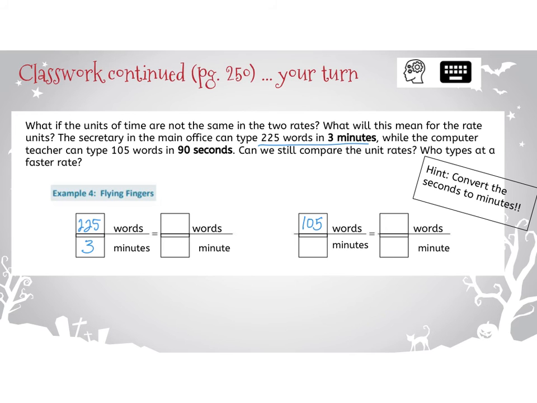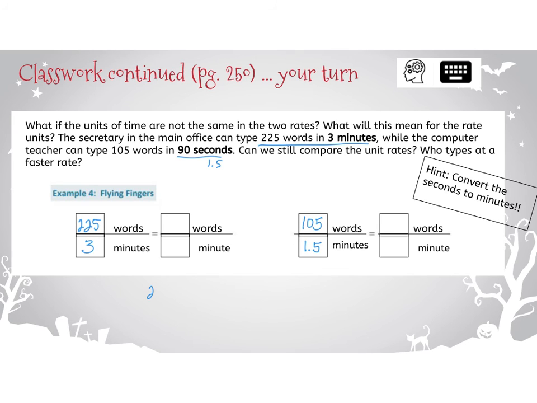So I want to either convert to seconds or convert to minutes. I'm going to take the 90 seconds and go 1 minute and a half, 1.5 minutes. We can't compare if we don't have the same unit of measurement. One of them has to be converted.